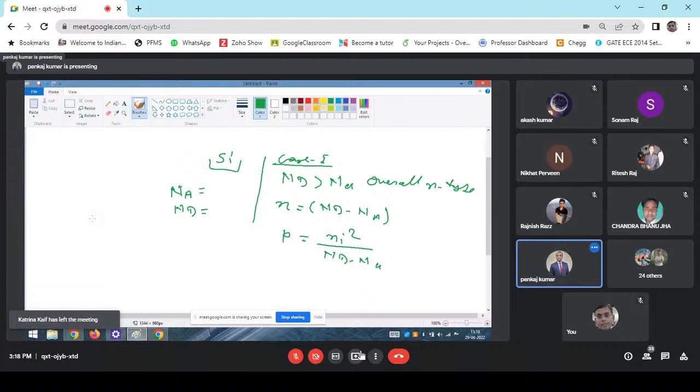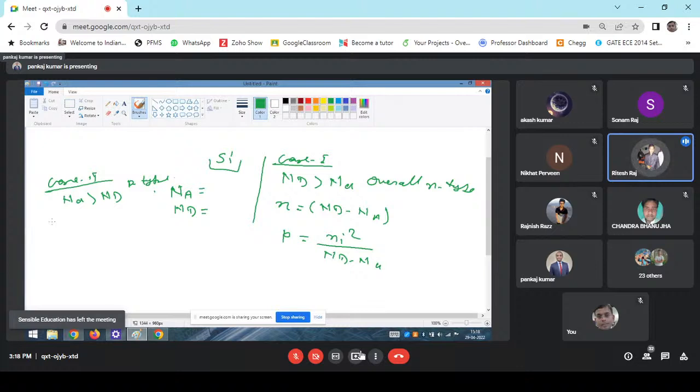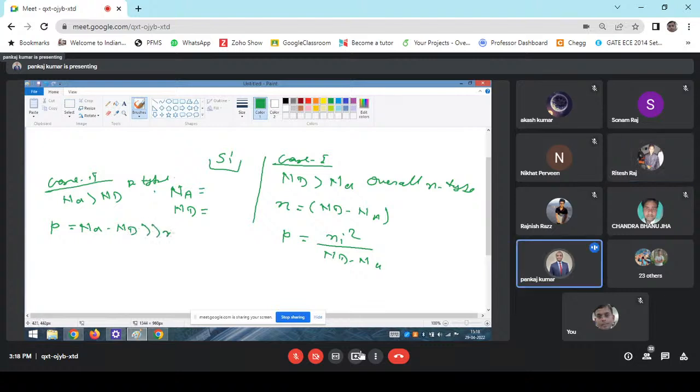Case two is where Na is greater than Nd, so this will be a p-type semiconductor. Take a condition like the density should be much greater, for case 1, Nd should be much greater than Na.